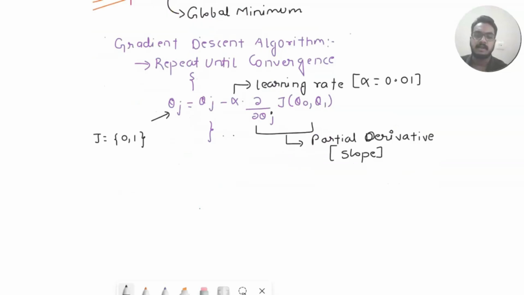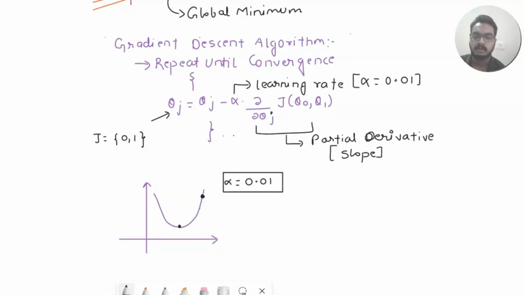Now consider a scenario. Let us say this is the gradient descent curve, and we are currently at this position. Our aim is to reach this global minima. So first we decide the learning rate, that is, with what speed we need to descend along this curve to reach this point.